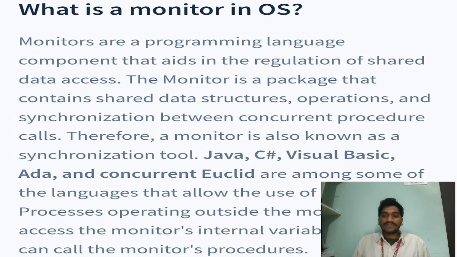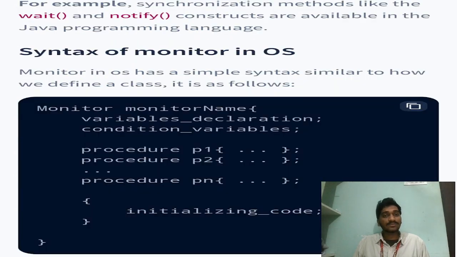Java, C#, Visual Basic, and Concurrent Euclid are among some of the languages that allow the use of monitors. Processes operating outside the monitor cannot access the monitor's internal variables, but they can call the monitor's procedures. For example, synchronization methods like the wait and notify constructors are available in the Java programming language.